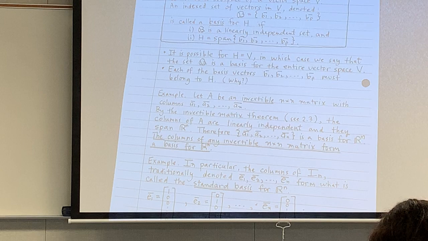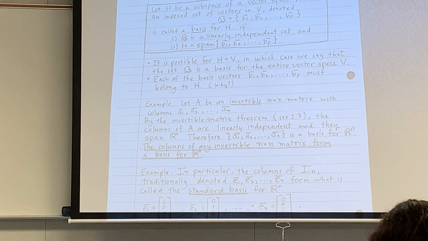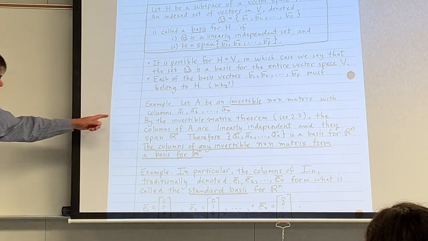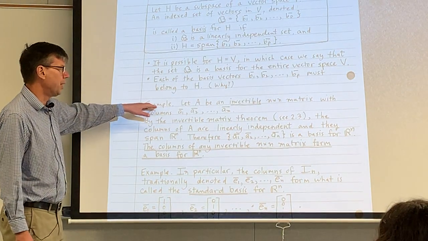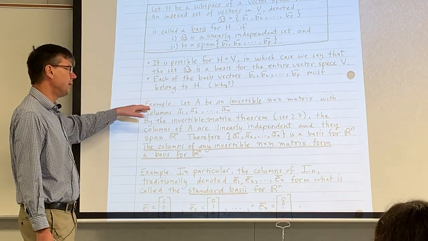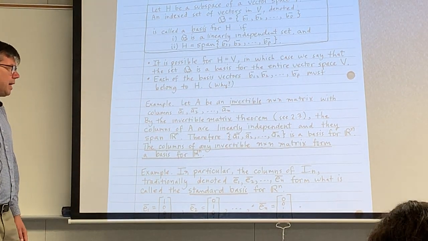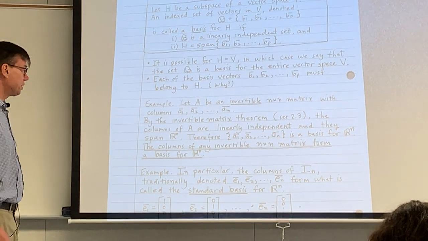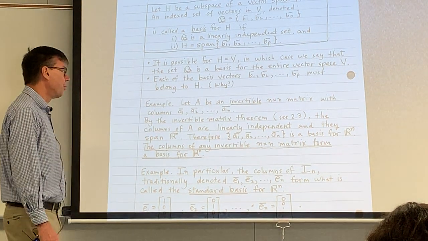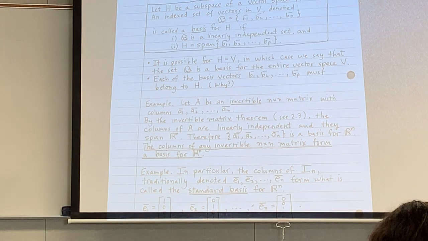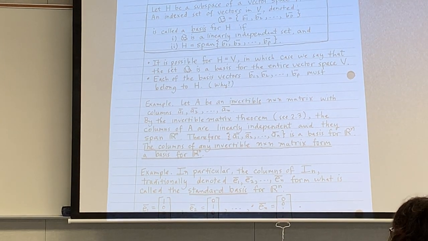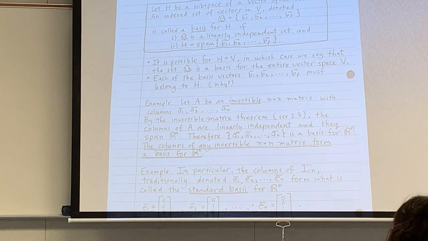Now, all right, some facts about a basis. I think we can just talk about this without me writing too much down, but this idea here in the example. If A is an invertible n by n matrix with columns A1 through AN, all right, so A is invertible. That's like the key.